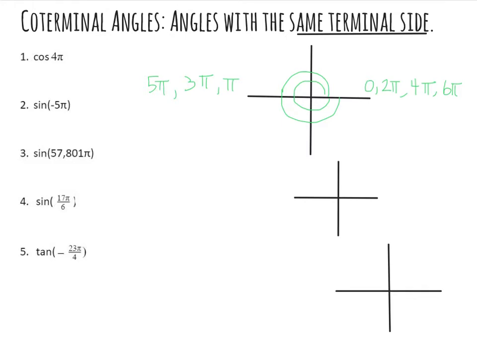And then I also want you to think about if we were to move in the opposite direction. So all of these green values are showing what happens when we revolve counterclockwise, as the unit circle typically does. Let's think about what would happen if we revolved the other way.